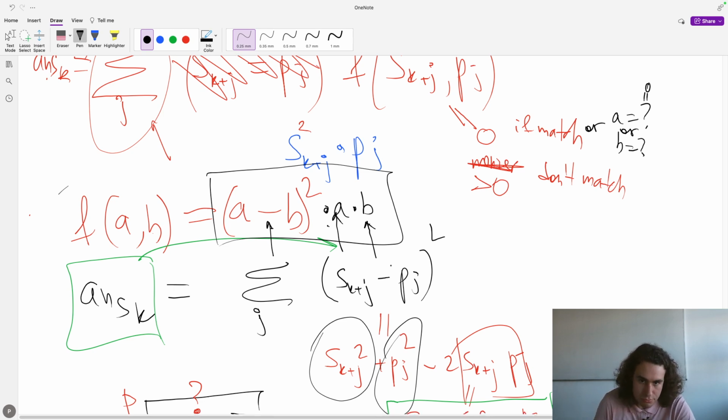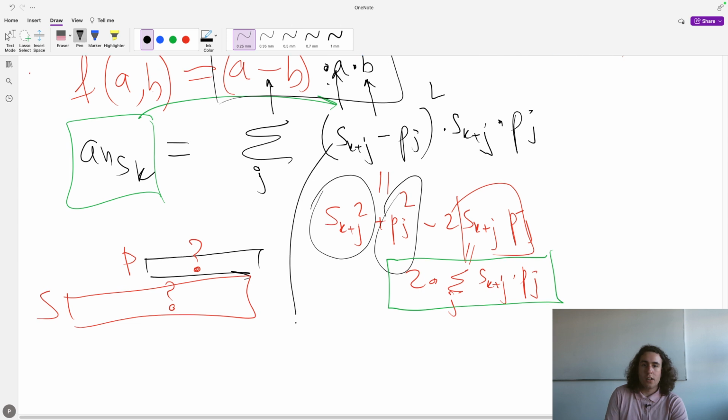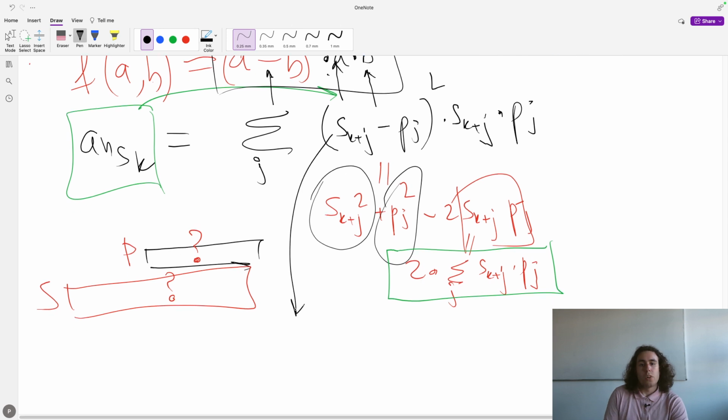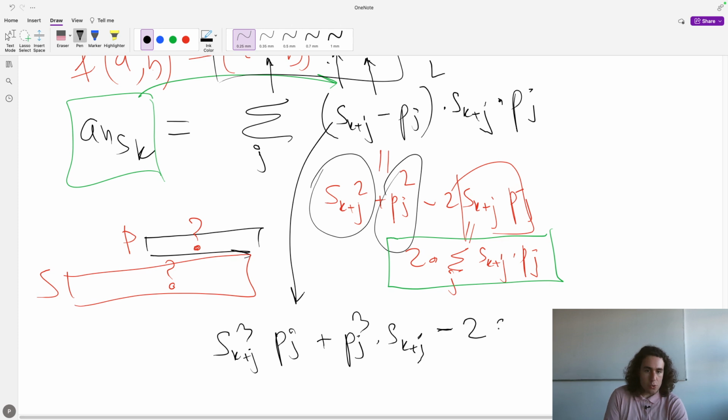And now we can just do the same thing. Let's reduce this expression, right? Now we have this kind of formula. What is this expression reduced? It's going to be c_{k+j} cubed times p_j plus p_j cubed times c_{k+j} minus 2 c_{k+j} squared p_j squared, right?